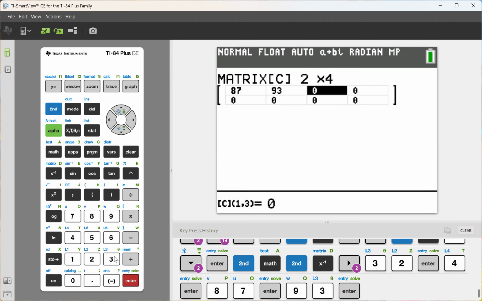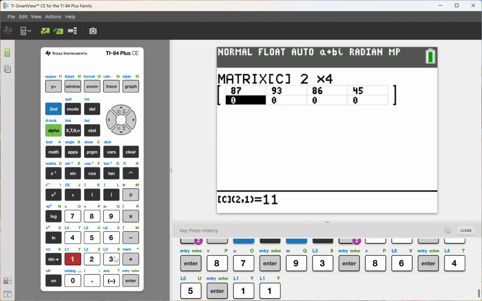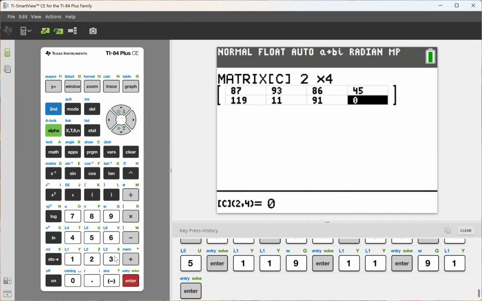We had 86 business and econ majors that were men. And then we had 45 who had some other major. Now, of the women, we had 119 in math and science. We had 111 in arts and humanities, 91 in business econ, and 33 in some other major.